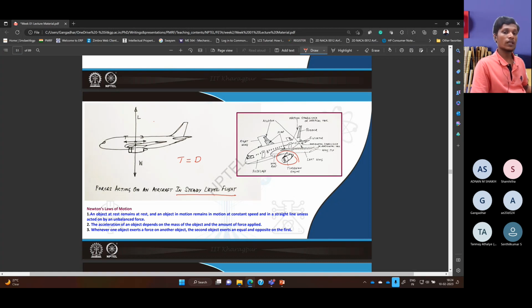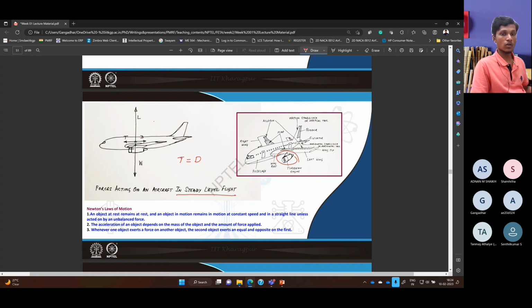The drag can be of several forms. You will see how many drags can be seen on an airplane, like pressure drag, skin friction drag, interference drag. All those things you will see in the upcoming lectures.